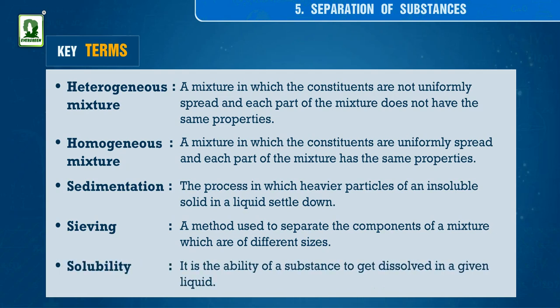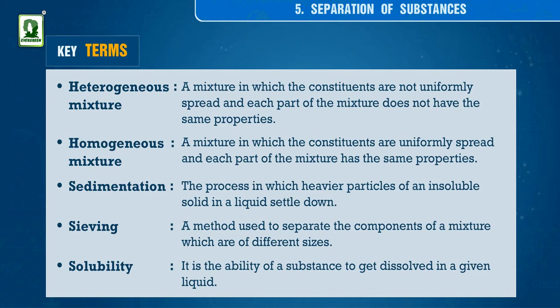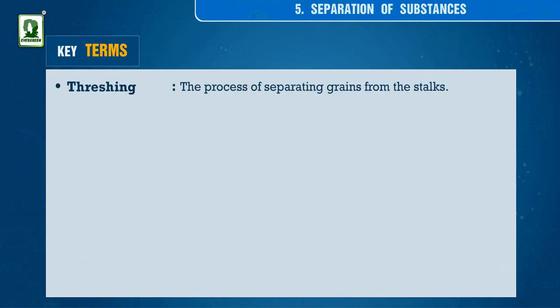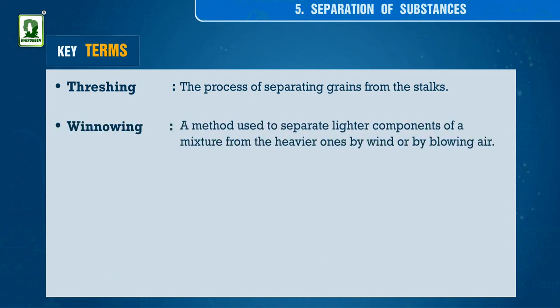Solubility, the ability of a substance to get dissolved in a given liquid. Threshing, the process of separating grains from the stalks. Winnowing, a method used to separate lighter components of a mixture from the heavier ones by wind or by blowing air.